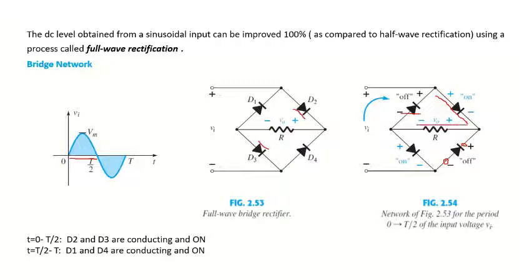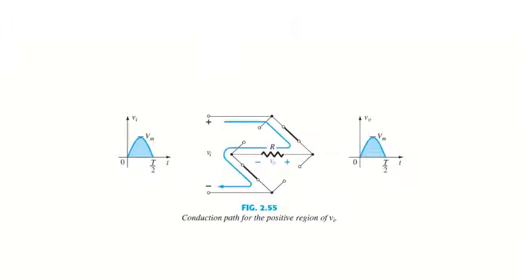So the direction will be this and this. So the drop here is 0 and the current follows this path, and D2 and D3 diodes are in the on state.